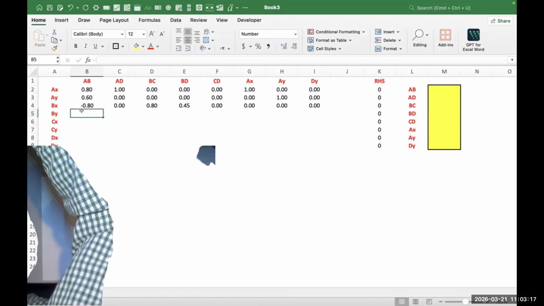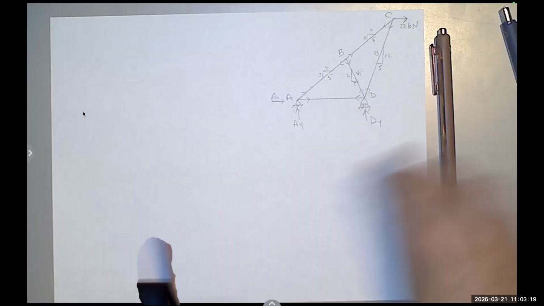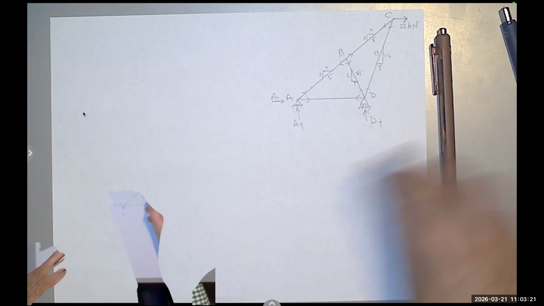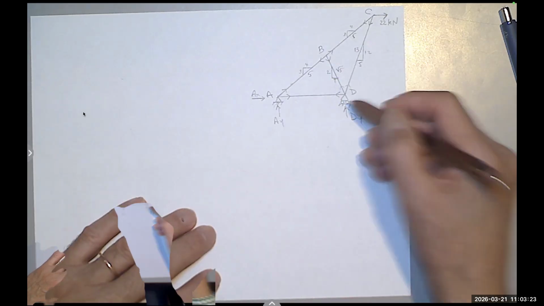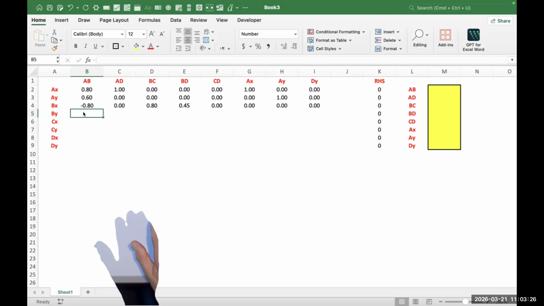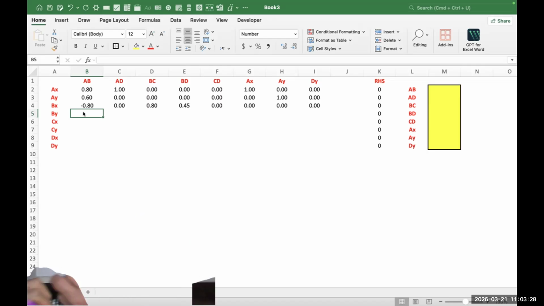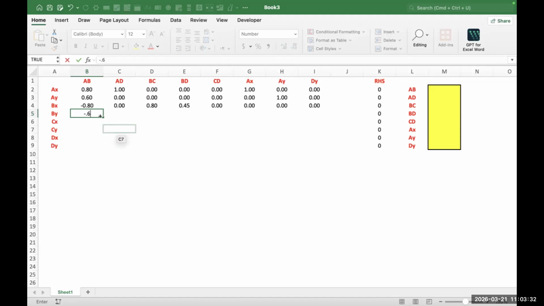Now I go to the 4th equation, By. Again, I have BC is positive, AB is negative, BD is negative. Only 3 values. So negative 3/5 for AB, negative 0.6. Notice that I have a negative 0.6 and a positive 0.6, 0.8 and 0.8.